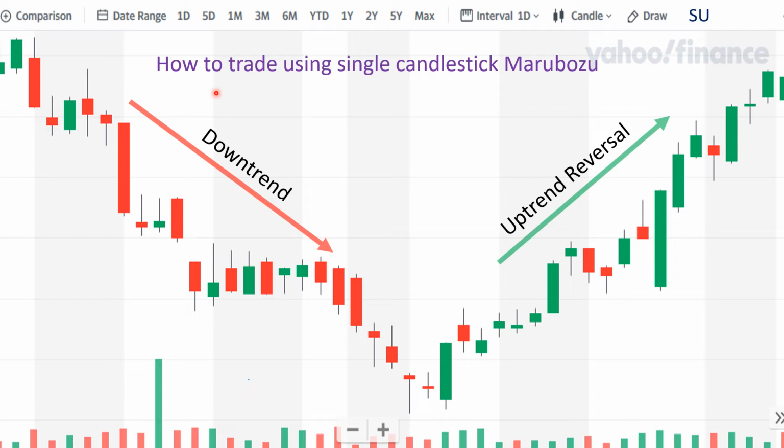Now at the top of this uptrend, you see a close type Marubozu followed by another bearish candle which closes below the close price of this candle. So traders can exit the market right here and put their stop loss 1 or 2 ATR above the high of this bearish candle. Now the trend is going downward.